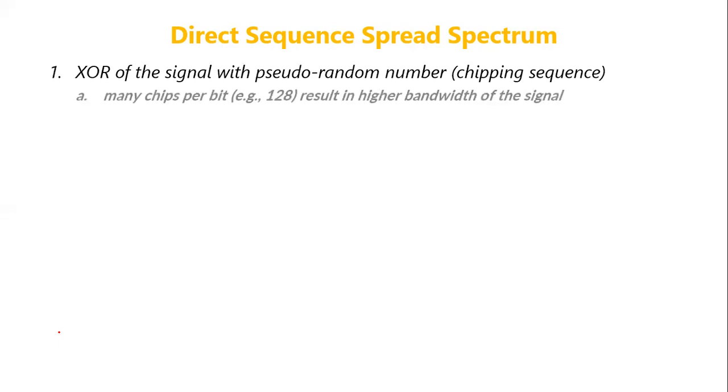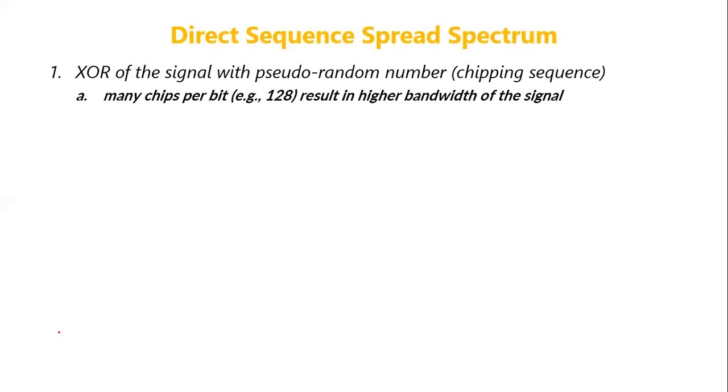In direct sequence spread spectrum, we have the original signal, the user signal that is to be transmitted, and that user signal will be XORed with a pseudo random number, which is a sequence of bits. These bits can be a 6-bit number or 8-bit number, or in some real-time applications even as high as a 128-bit number.